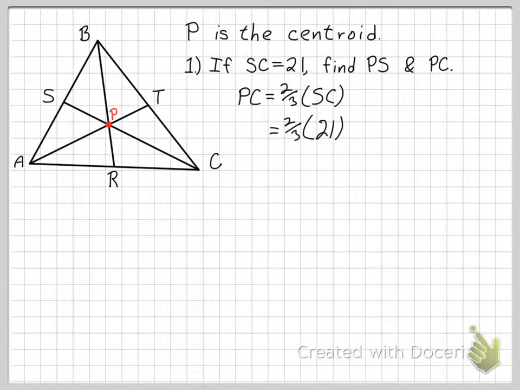So we have PC is equal to 2/3 of SC, and SC is given as 21. So 2/3 of 21: 21 divided by 3 is 7, 7 times 2 is 14. So PC is 14. So if PC is 14, then the other part, as we already went over, is half that distance, so it must be 7.